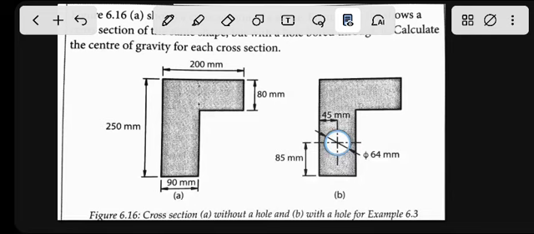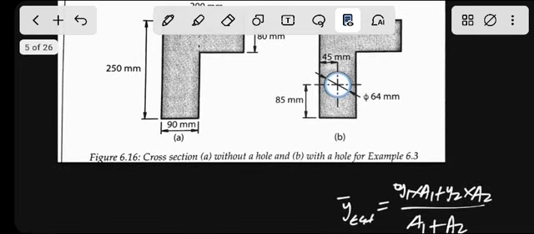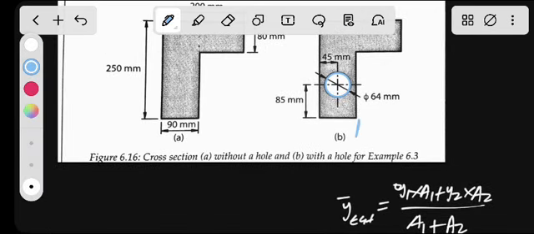All right, so the area there, we subtract, must be negative. If you have a hole there, it's a hole. Always put a negative. The area will be negative pi over 4 d squared, multiplied by what here?